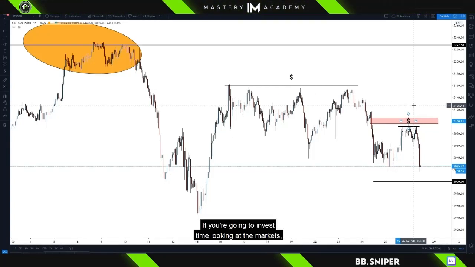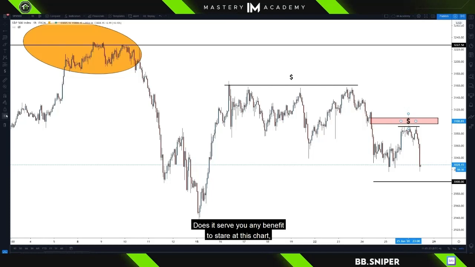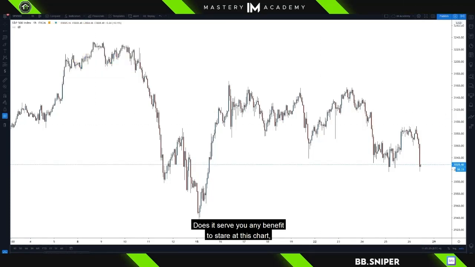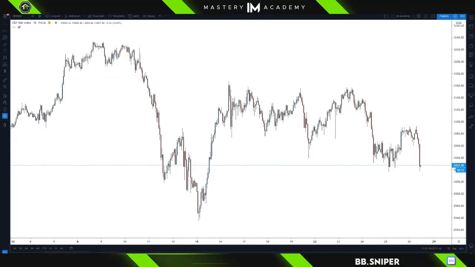If you're going to invest time looking at the markets, it would make sense to identify and mark up the things that catch your eye as you go along, wouldn't it? Does it serve you any benefit to stare at this chart, watching each candle pass, without actually analyzing the information within the candlesticks?